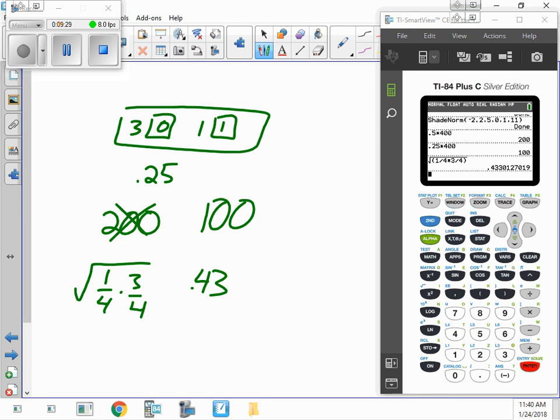Okay? So if we make 400 draws, our SE is going to be 0.43 times 20. Okay? So what do I know about playing this game 400 times? You expect to get 100 threes, give or take 8.6 threes. Okay? Can we use the normal curve?